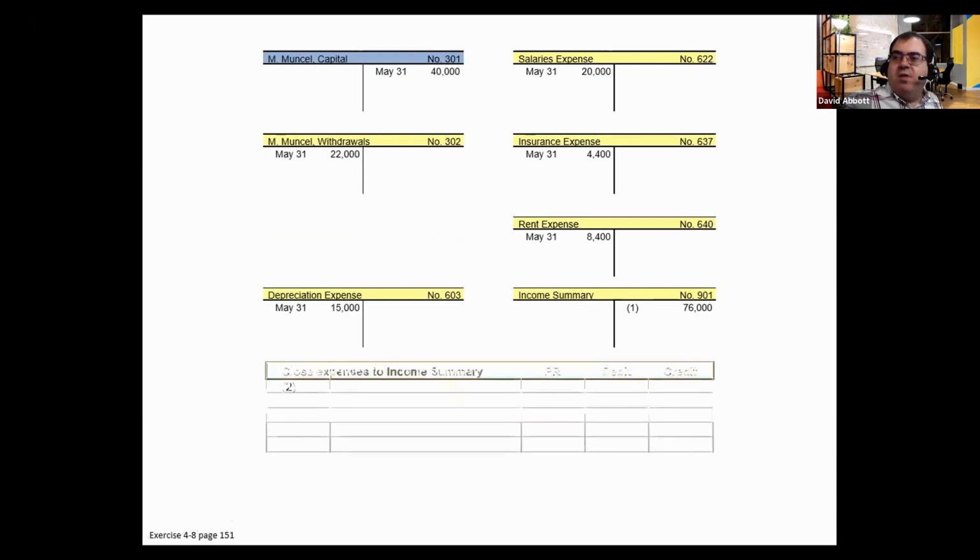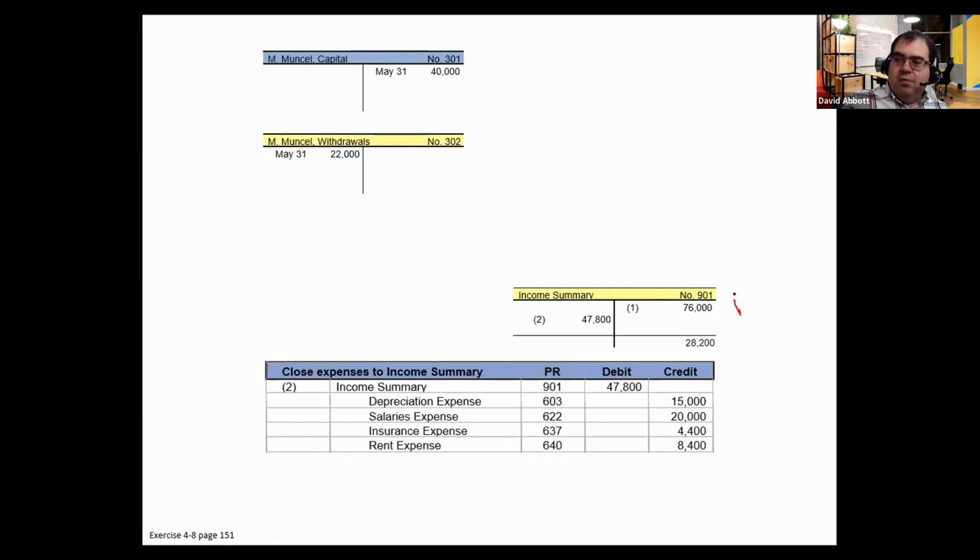So now we have to close our expenses. We'll just go ahead and list them. Depreciation expense $15,000, salaries expense $20,000, insurance expense $40,000. We have our revenues, and we have our expenses.